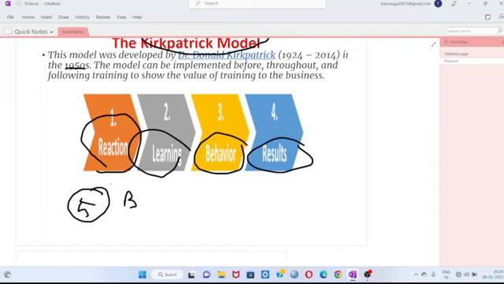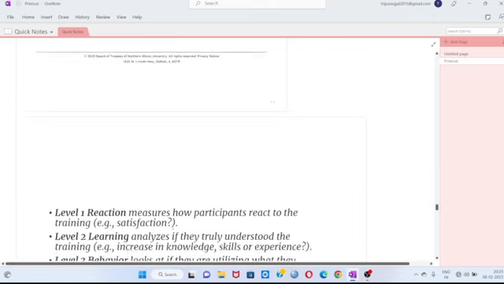And learning: what they have learned in the business training program. After learning, whether they have changed their behavior. And what is their result after behavior changing or learning something. This is what we will see here.